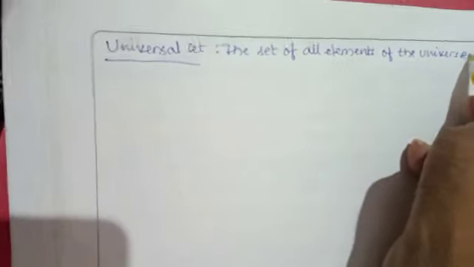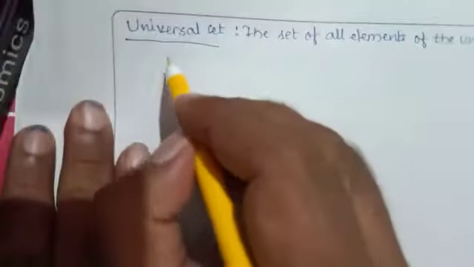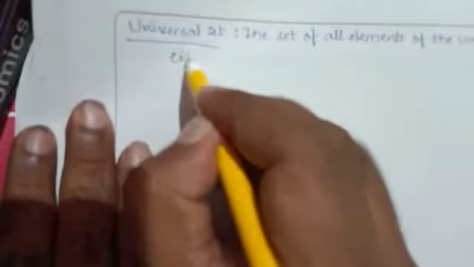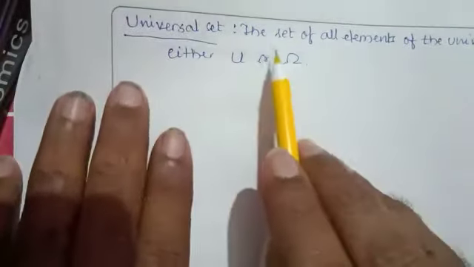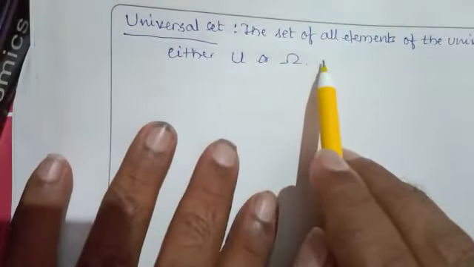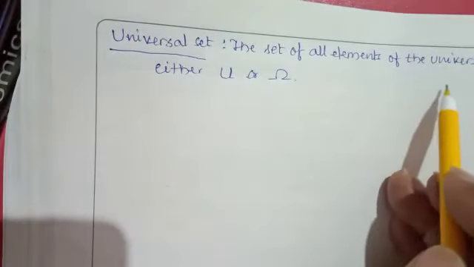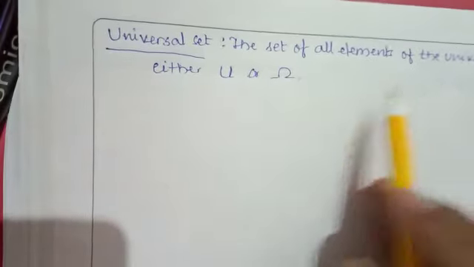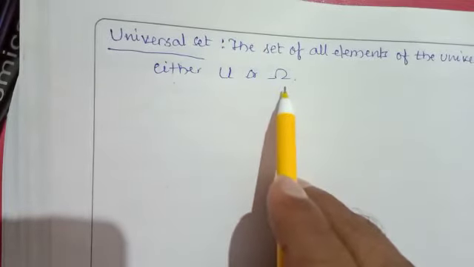The universal set is represented by either U or the symbol omega.